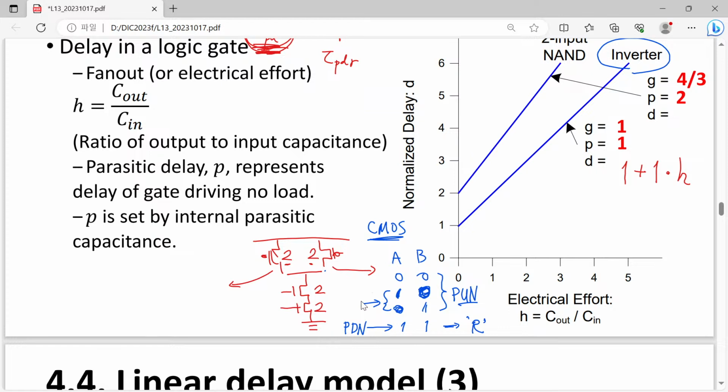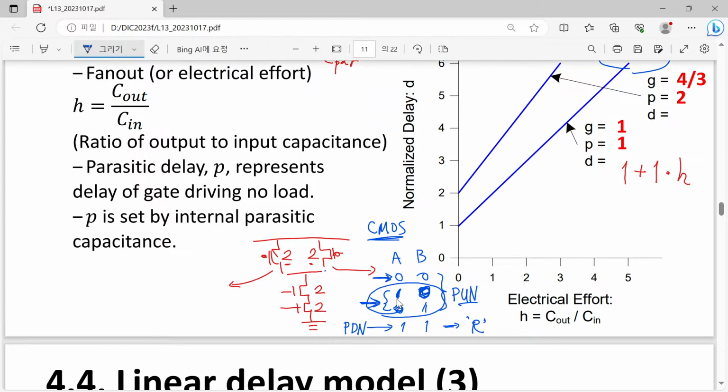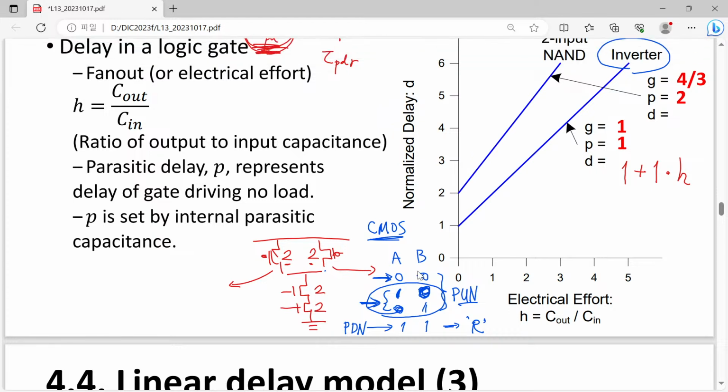Because if we focus on this case, then our pull up network will be too weak to drive our diffusion capacitors.